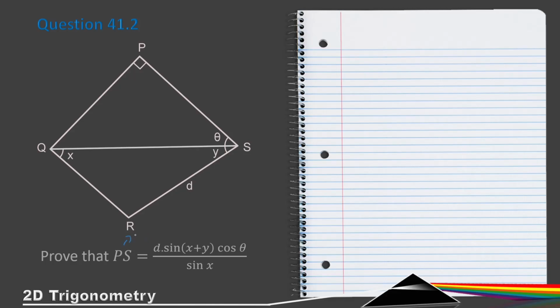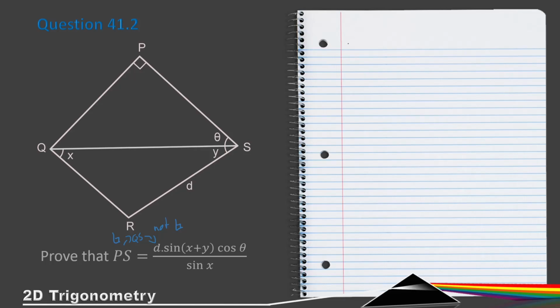So I want PS in terms of QS and QS in terms of D. And in this case, PS is in a right angle triangle, and this one is not right angled. So also remember, in a sketch, they have to indicate that it's right angled. It might look right angled, but if it's not indicated, then you cannot say that it is.